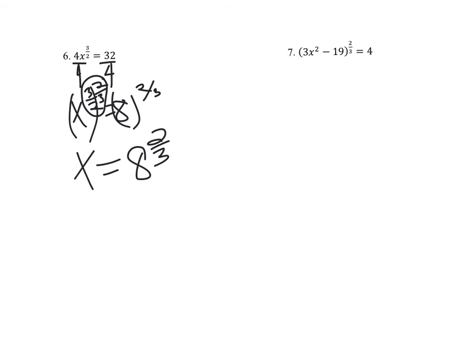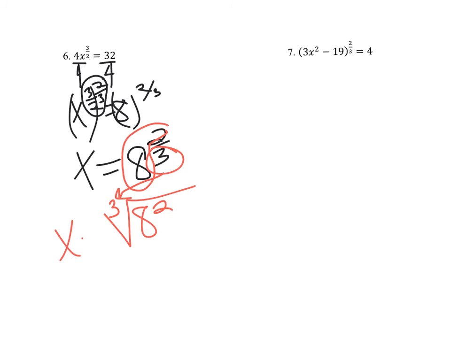I'm going to rewrite 8 to the 2/3 power so you can see what it looks like as a radical. Okay, so remember the top goes with it, so it's 8 squared. And we need to take the cube root because that denominator is our index. Okay, so basically we have the cube root of 64. Okay, so the cube root of 64 is plus or minus 4.